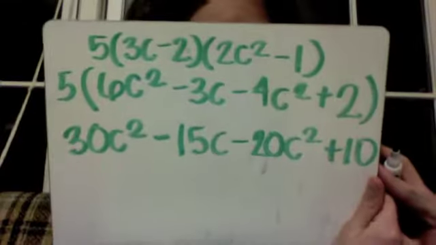This leaves you with negative 20c squared. And finally, you will need to multiply 5 times 2, leaving you with 10. It looks like this. After foiling this problem, we can tell that this is the correct answer because it matches up with the original problem given.